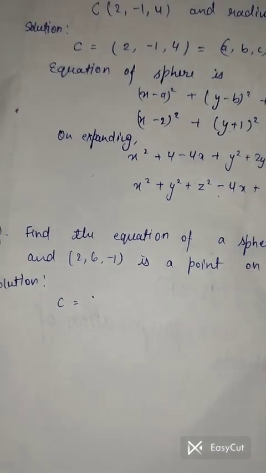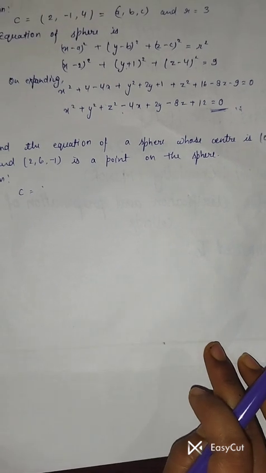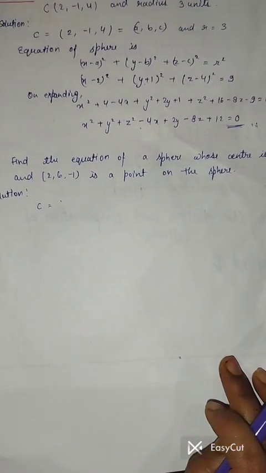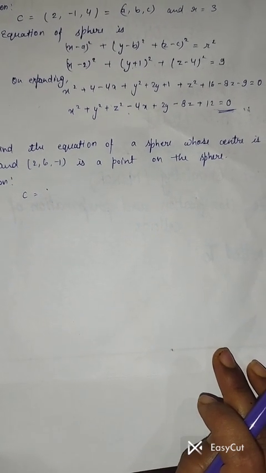So now see our next problem, that is find the equation of the sphere whose center is 0 comma minus 2 comma 3 and 2 comma 6 comma minus 1 is a point on the sphere.